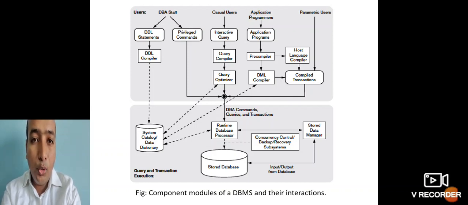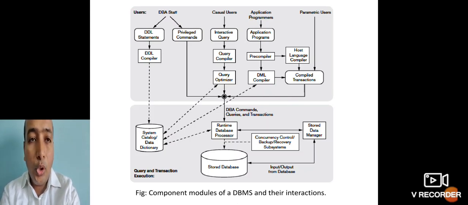But whatever we do in our DBMS system needs to be stored, isn't it? We have already learned that any data which is going to be stored will be stored in your magnetic disk or secondary storage. For that we have the stored database. We also have the runtime database processor, which helps in executing all the commands, queries and transactions happening in your DBMS interaction.